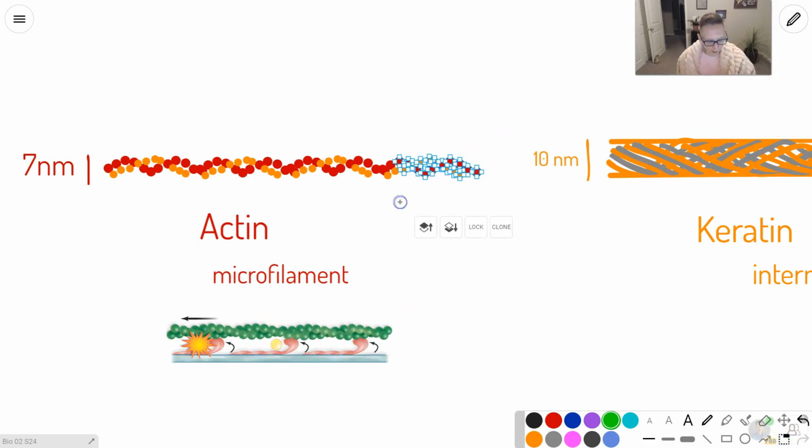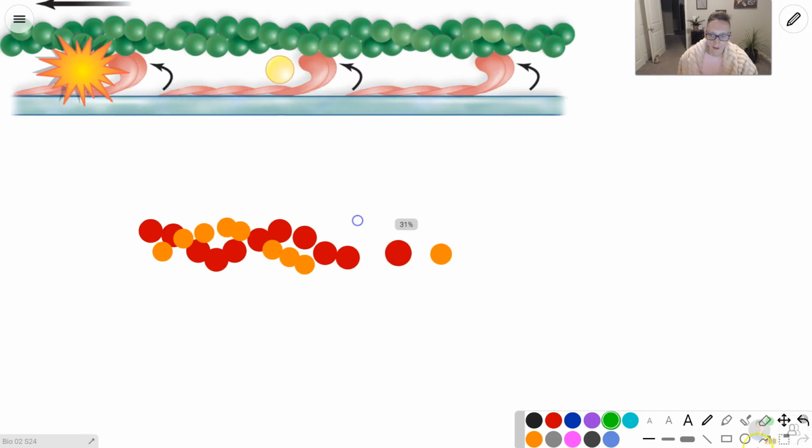The other way that I talked about early on was if we have additional monomers being added. So, for example, here and here, down here, trying to zoom in. If I keep adding on new actin monomers here and here and here and here and here and here, we grow out this actin filament.